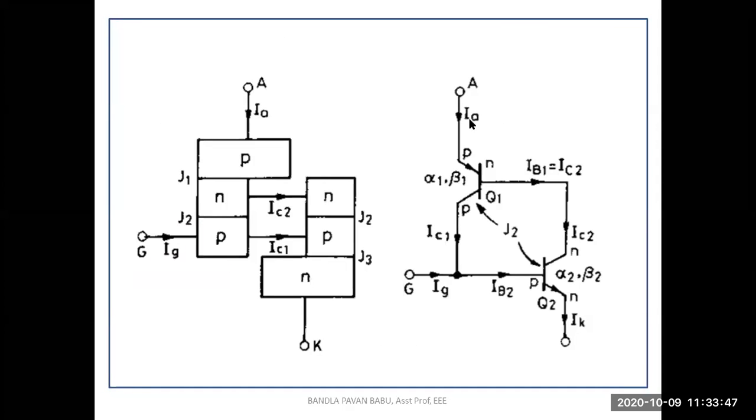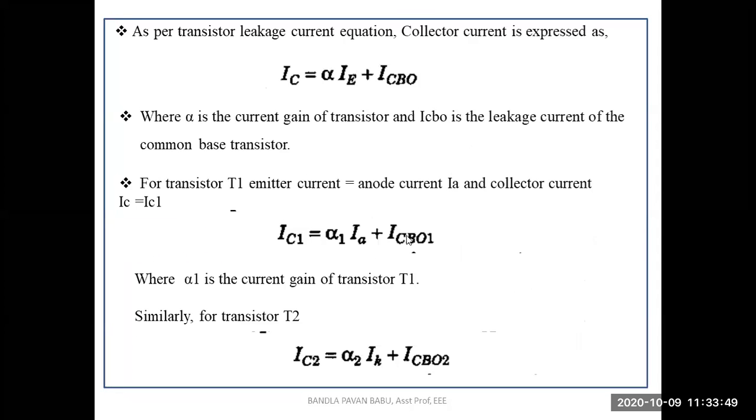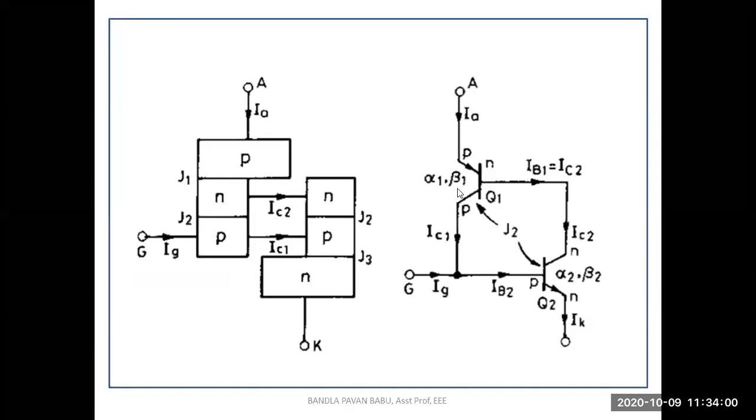In the first transistor, the leakage current is ICBO1. The suffix 1 represents the parameters referring to the first transistor, and 2 represents the parameters for the second transistor, I mean IC, IB, alpha, beta likewise.